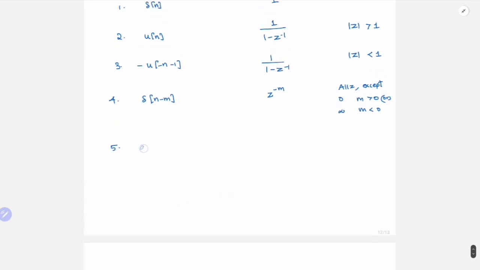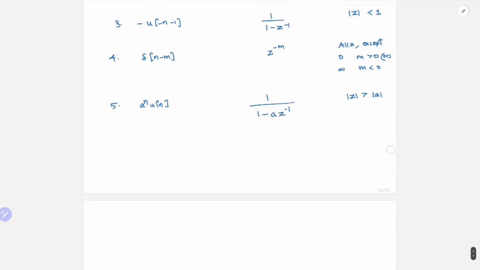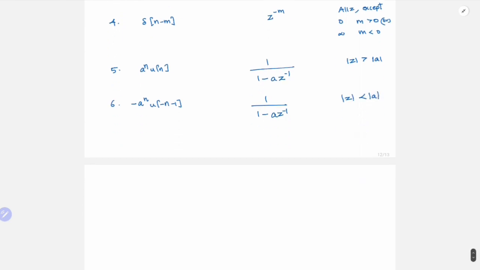My next signal will be a power n u of n itself. This we already know, we have derived it many times. 1 minus a z inverse, and my mod z is greater than mod a. Okay. And the sixth one, minus a power n u of minus n minus 1. This is gonna have the same z transform, but my ROC is gonna be less than mod a.